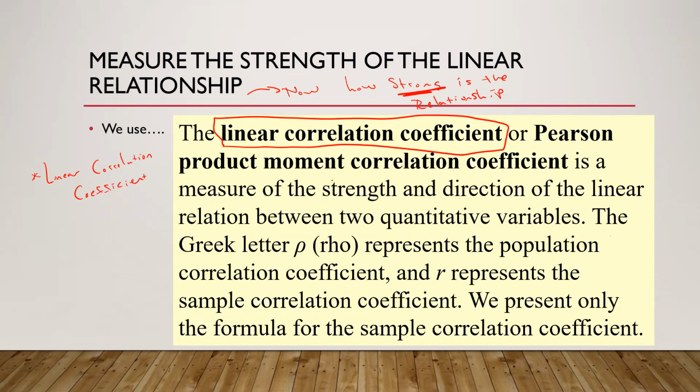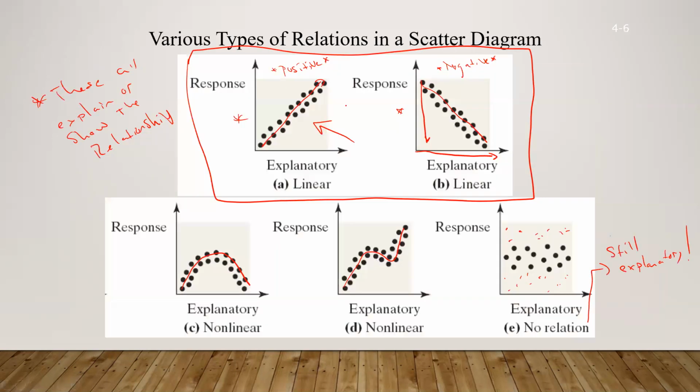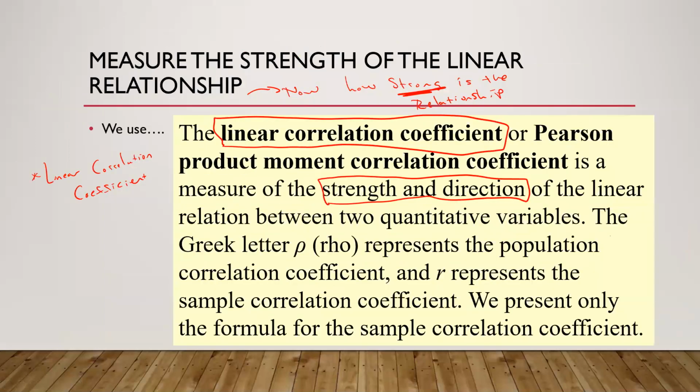What this does is it measures the strength and direction. By direction, I mean it tells me if it's positive or negative, just by the value of it, between two quantitative variables.